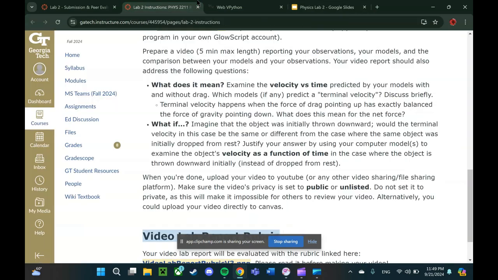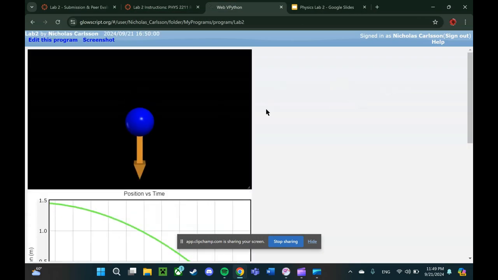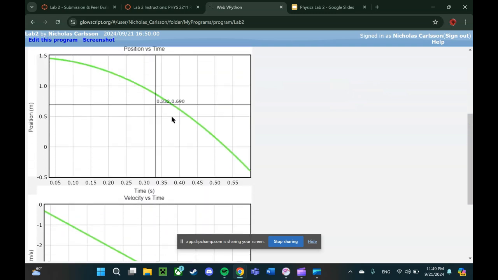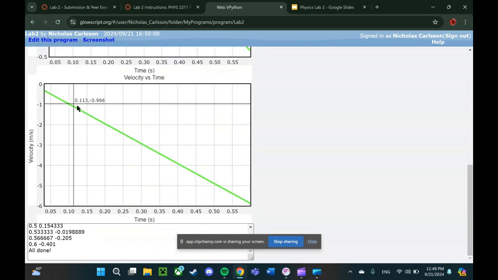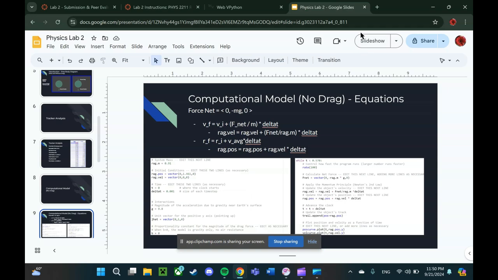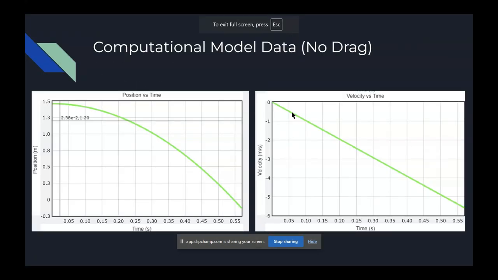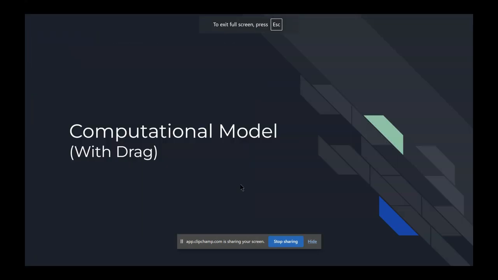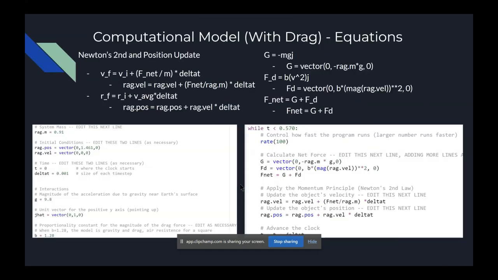I can also run it. As you can see, it falls approximately according to how we saw in the tracker, with the speed changing over time. It is not constant. You can also see the direction of force. And here are those results.